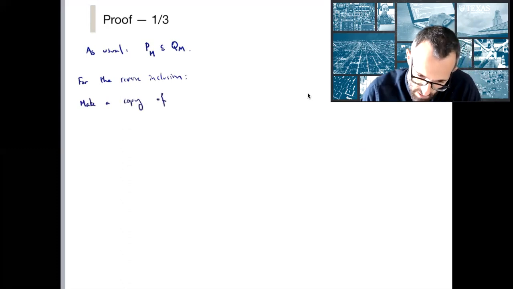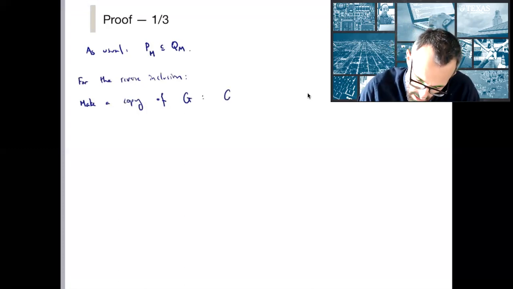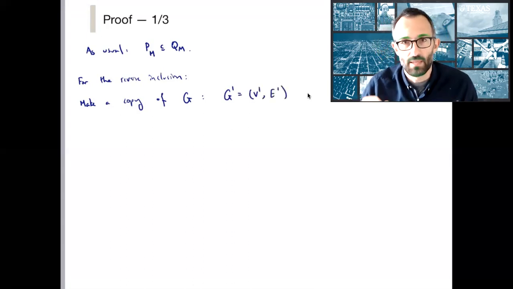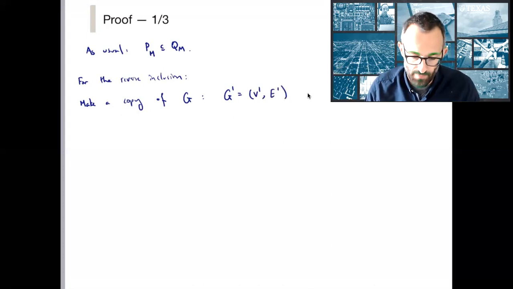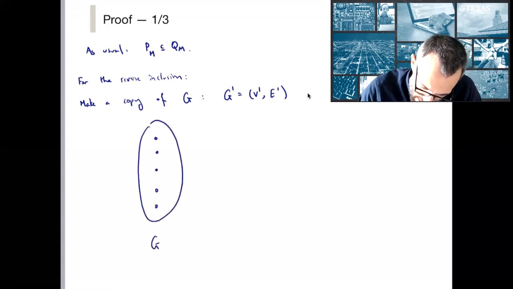Let's make a copy of G. We're going to call this G dash equal to V dash, E dash. So the dash here means that it is a copy. So here is G. This is my graph G, and it has some edges. And we have something like this.